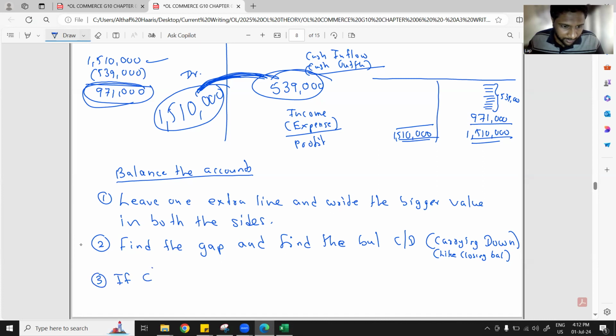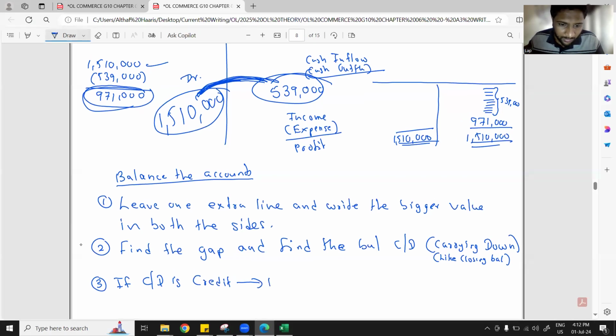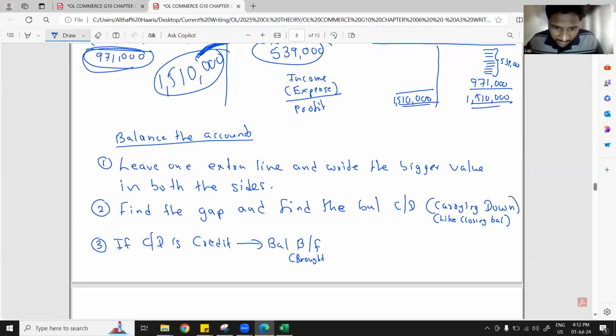If CD is credit side, then balance BF. Yes, better people.